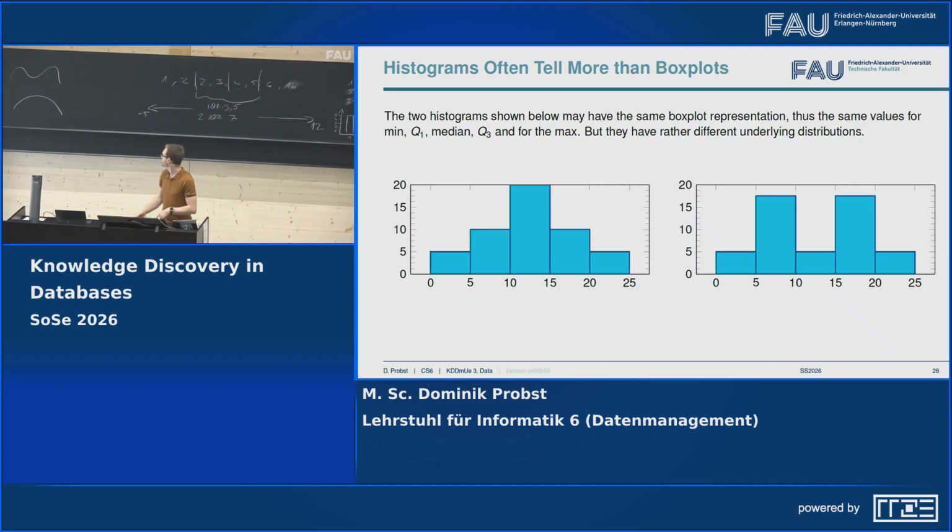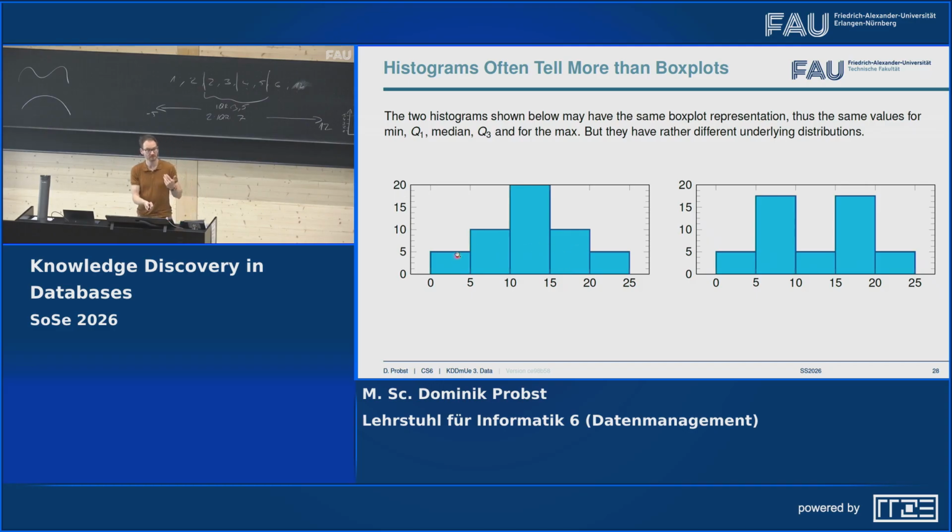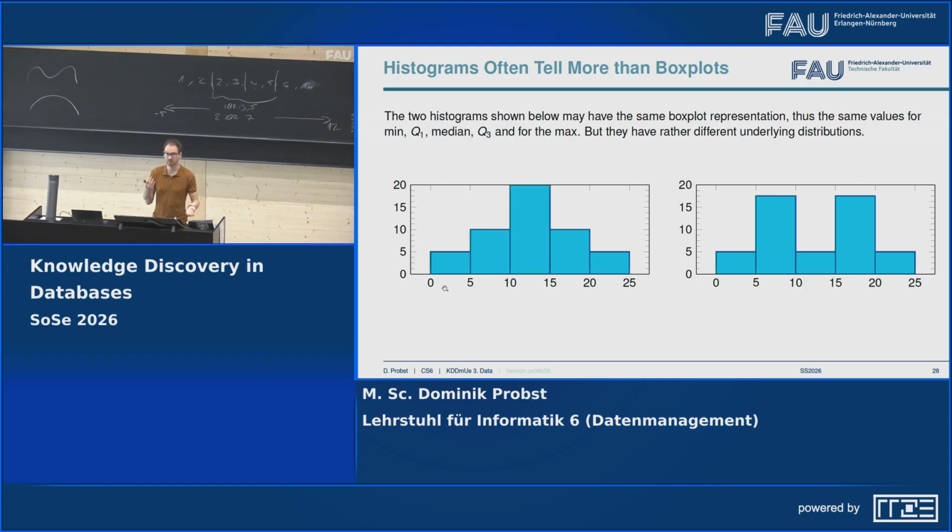However, we can differentiate between distributions like this and this in histograms. We couldn't do that in box plots. They are two different tools with different strengths.